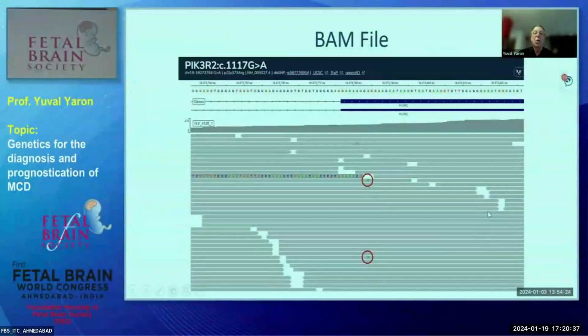And just looking at what we call the BAM file, each one of these gray lines represents a different DNA fragment. And when you do NGS, you actually do parallel sequencing. And looking at the entire fragment, there were only two of these variants. So this is usually considered background noise.